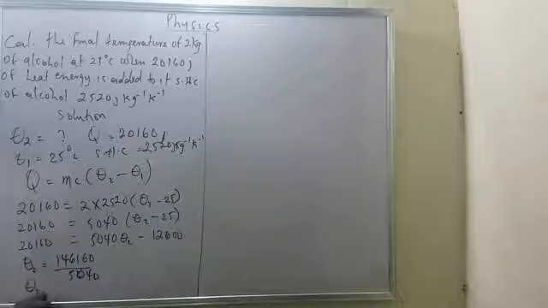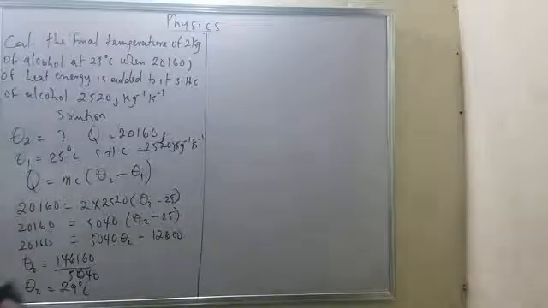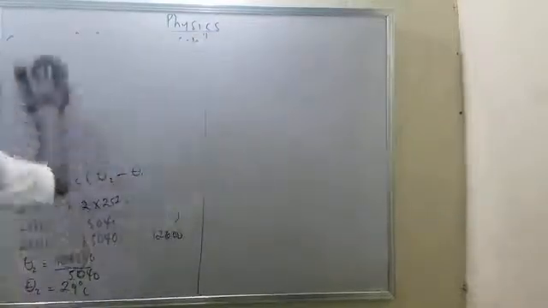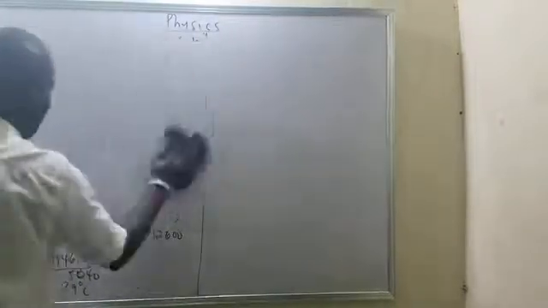My theta 2 will be equal to 30 degrees Celsius. That is all about that. Now you can see it's very simple. They are simple mathematics. The most important thing is just to understand and be able to interpret, which is to break down what you are given.